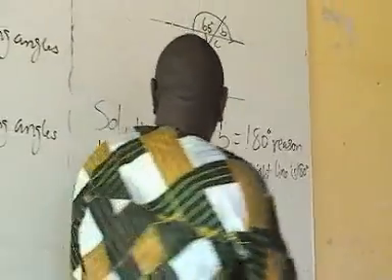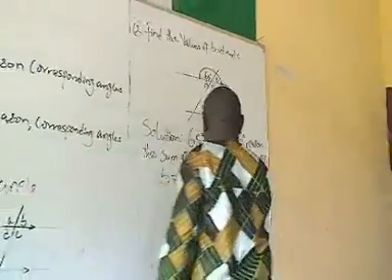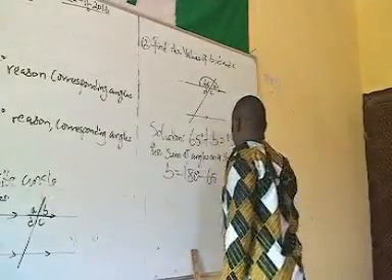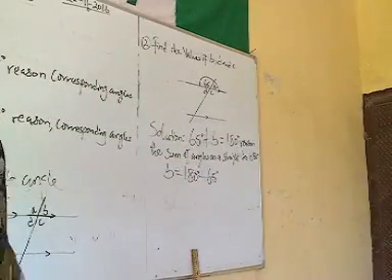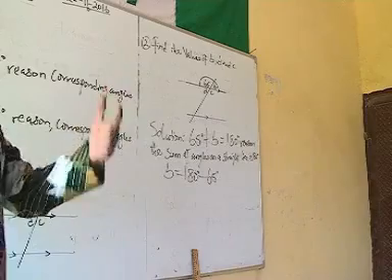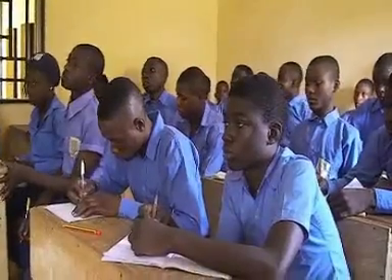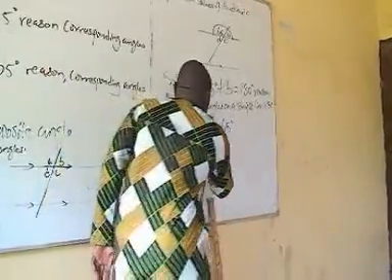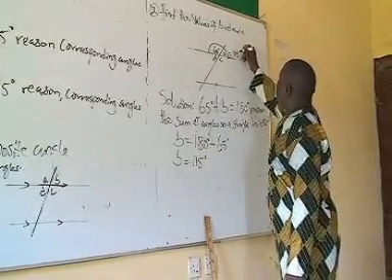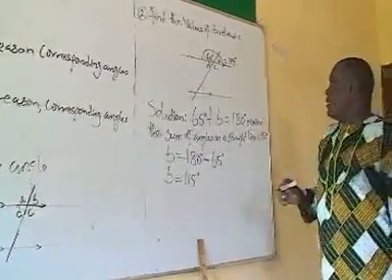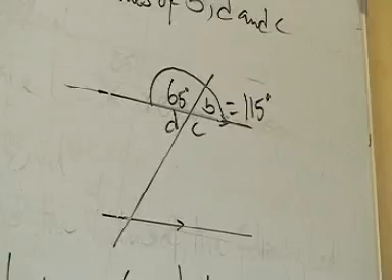Now your B equals 180 degrees minus 65. What do you have? 115 degrees. So your B here is what? 115 degrees.